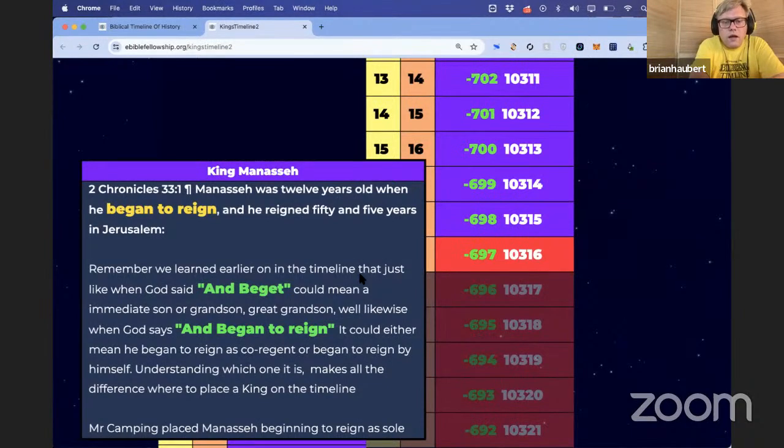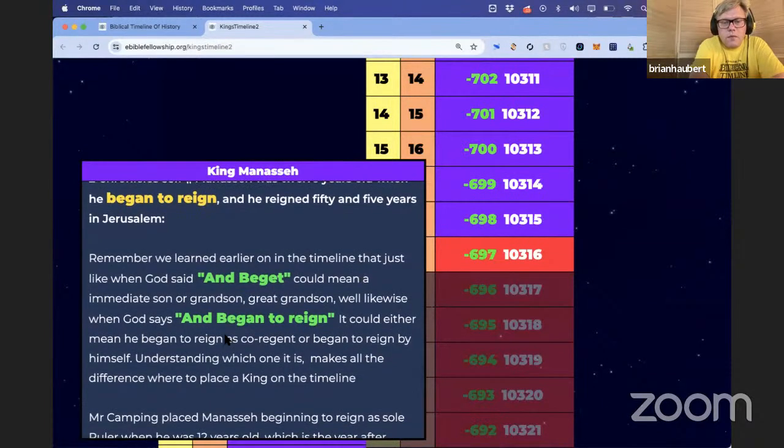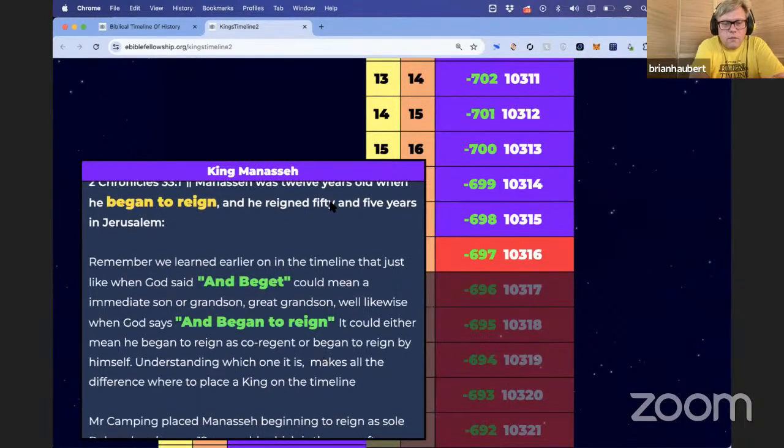Likewise, when God said "began to reign," it could mean he began to reign as co-regent, or it could mean he began to reign by himself as sole ruler. So understanding which one it is makes all the difference as to where to place the king on the timeline.